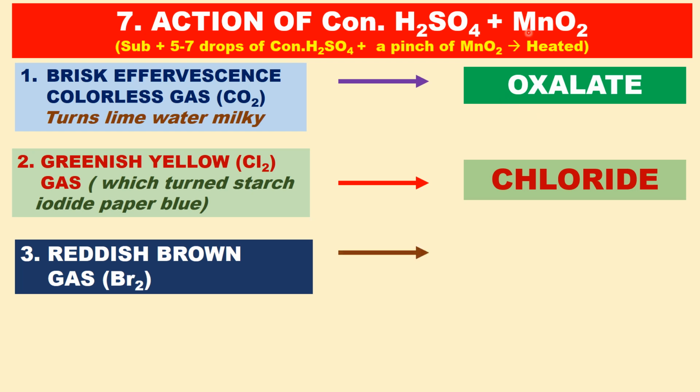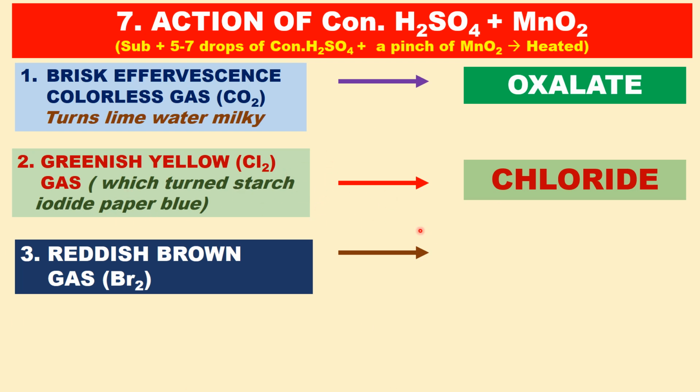So it oxidizes chloride to chlorine, a greenish yellow gas, and you take a strip of filter paper dipped in starch iodide and show it at the mouth. Chlorine plus I minus reacts to give I2. Chlorine oxidizes I minus to I2, so iodine with starch forms a deep blue color complex.